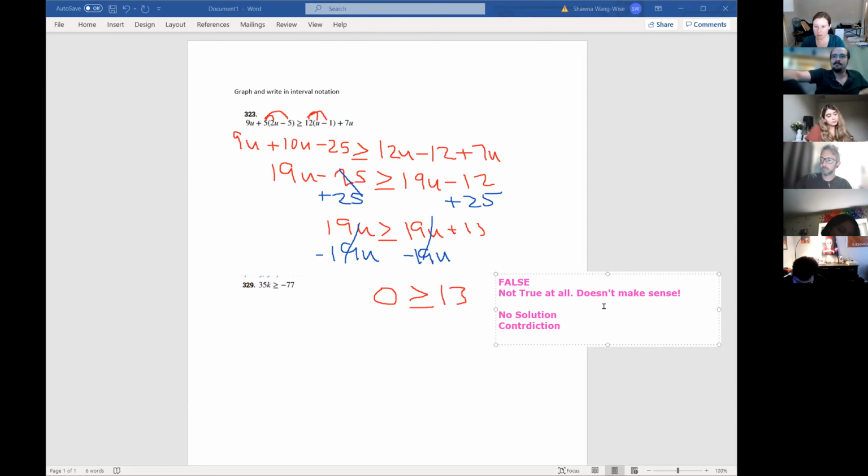And then something I noticed on the homework that a lot of people didn't write was when it said solution set, a lot of you left that blank. What would the solution set be here?